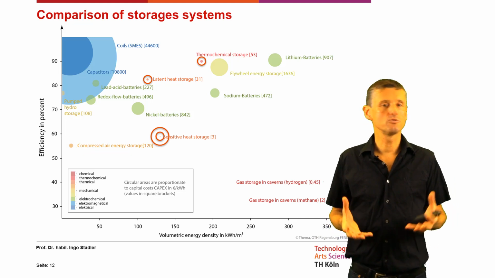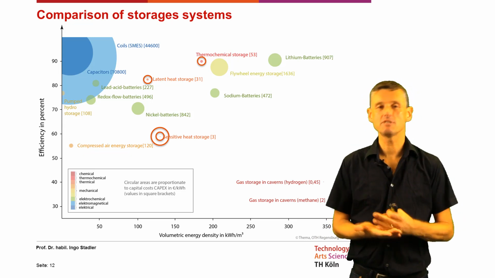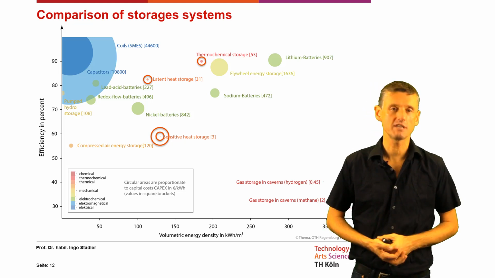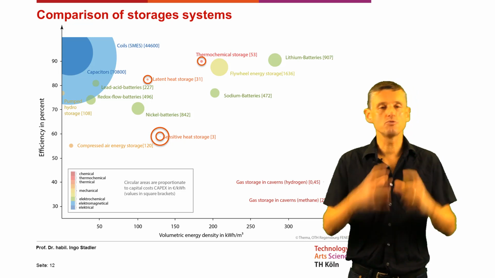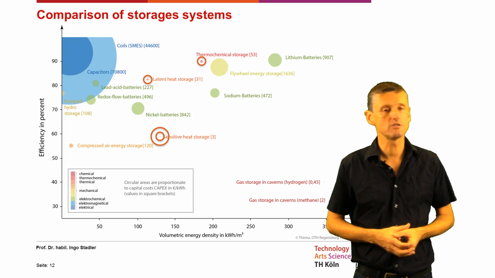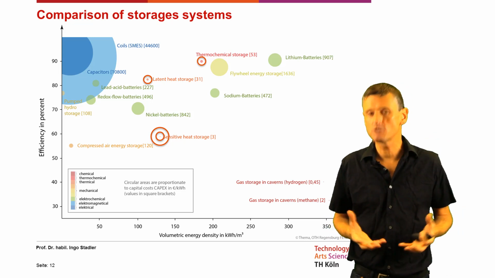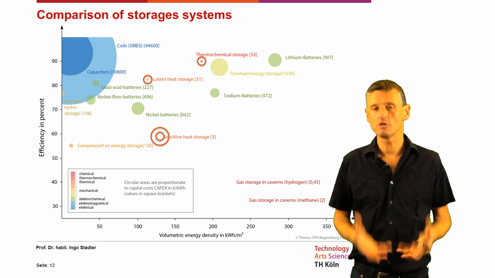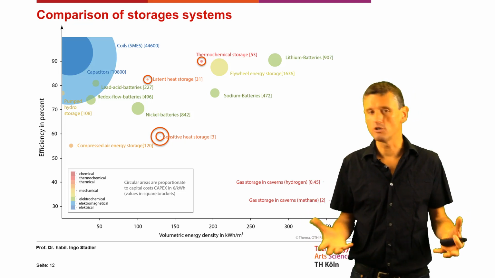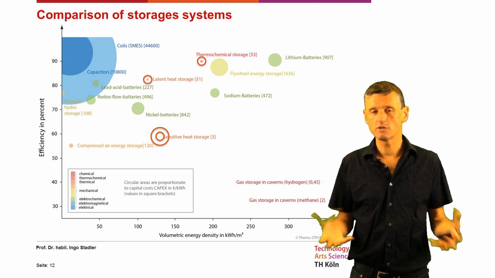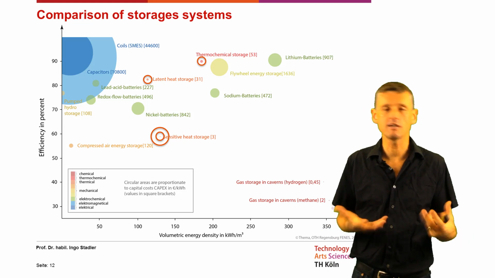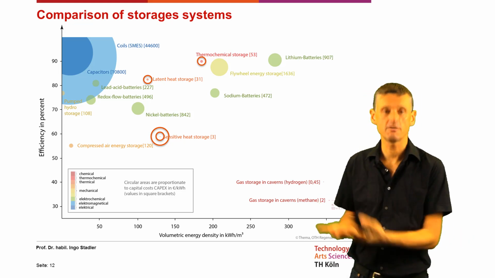Coming now to the thermal stores, and again here we see how interesting it is to couple different energy sectors. I made two circles around the sensible heat storage systems, because that dot is so small that you cannot even see it. That means the cost of that old-fashioned hot water tank is so small, you cannot imagine any price decrease in battery technology that could reach a similar price even in the far future.